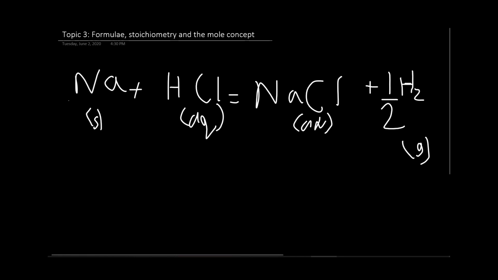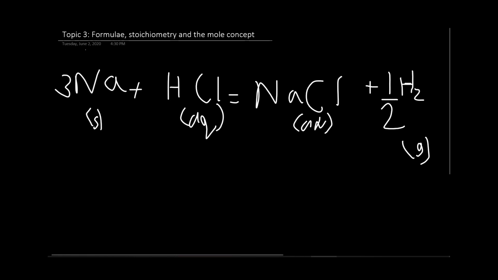So let's look deeper into the equation. 1 mole of sodium will react with 1 mole of hydrochloric acid to form 1 mole of sodium chloride and half mole of hydrogen gas, right? So for instance, you're provided with 3 moles of sodium, and you're asked to find the number of moles of hydrogen gas that will be produced from this reaction.